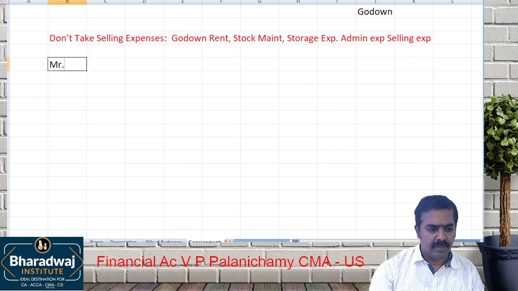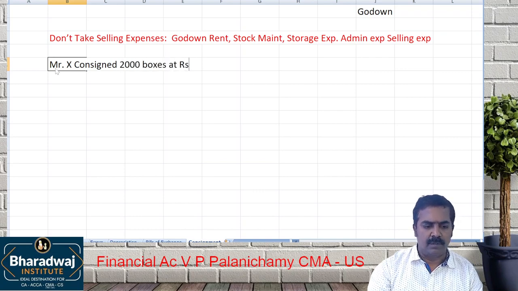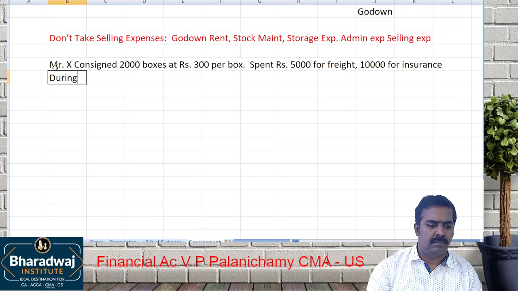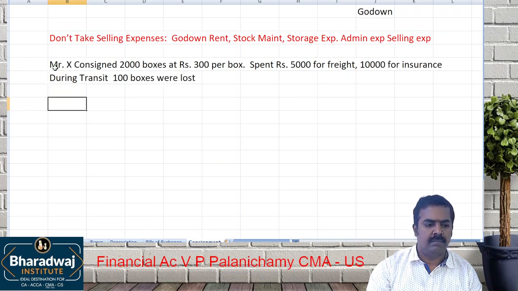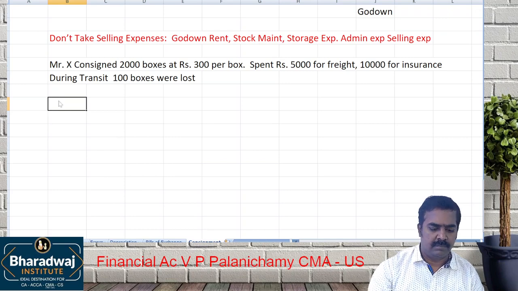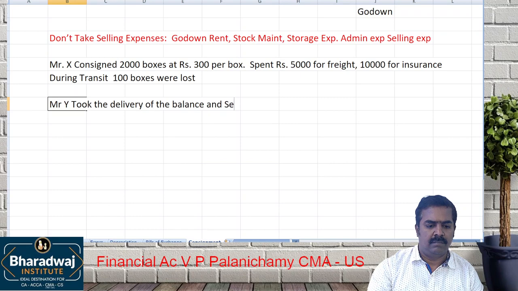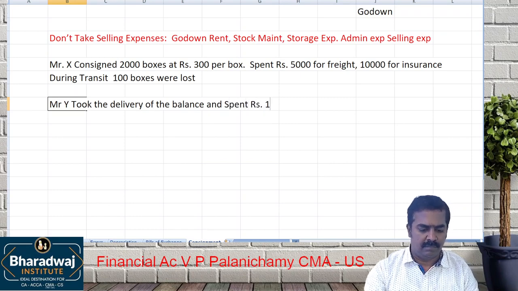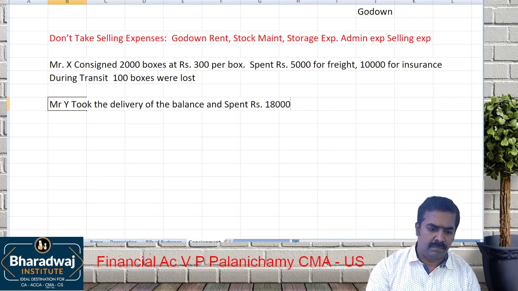Mr. X consigned 2000 boxes at rupees 300 per box.